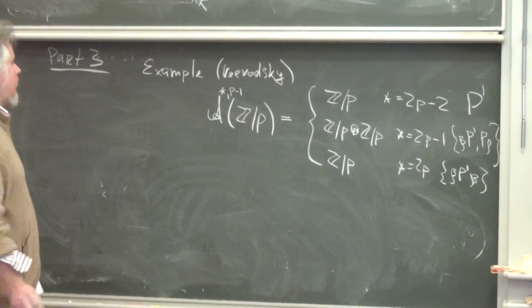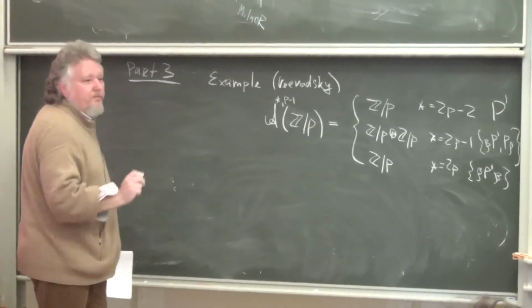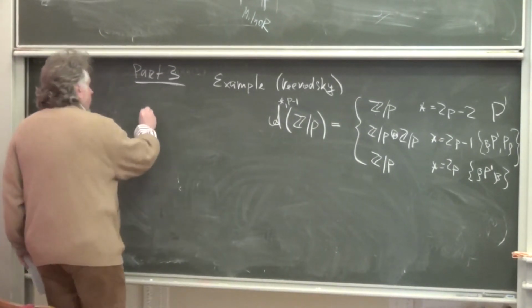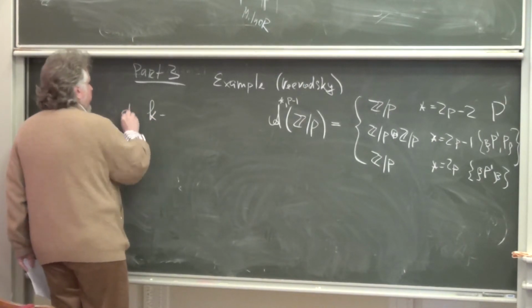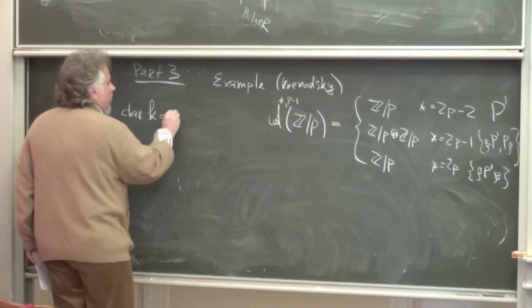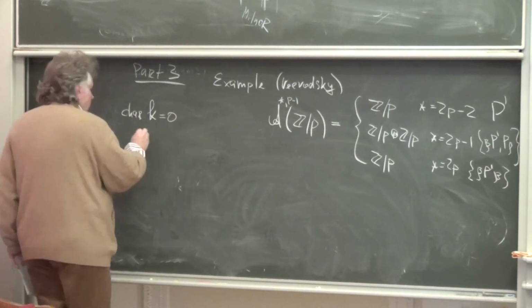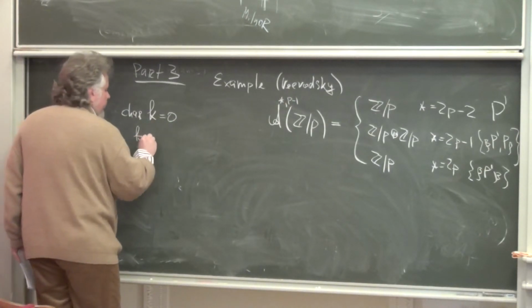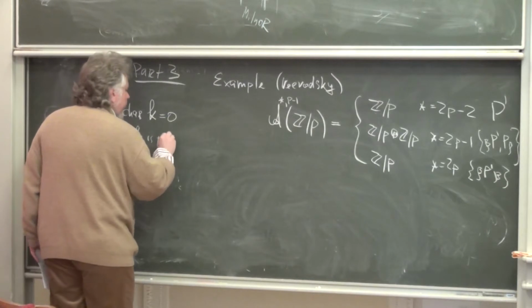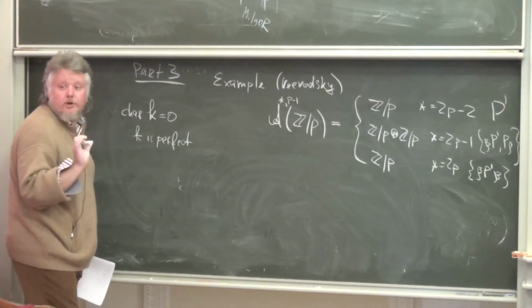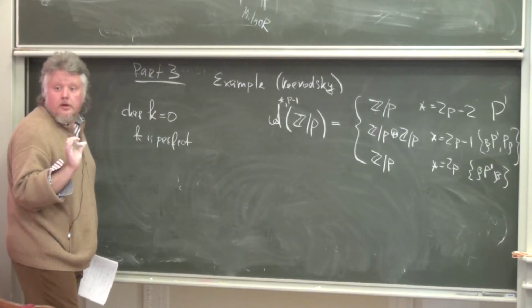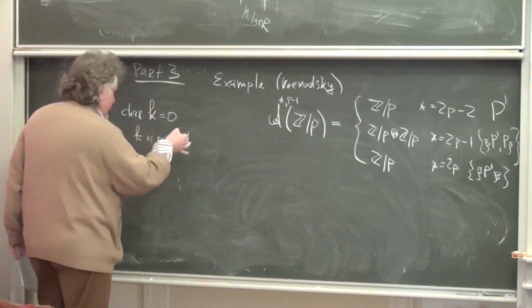And unfortunately, Voevodsky has some restrictions on the base field. So from now on, we should assume that K has characteristic 0, and probably K is perfect. Pardon? Yes, of course.